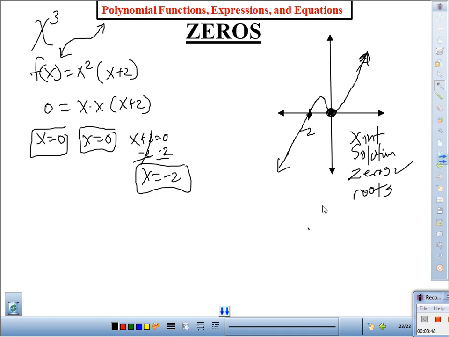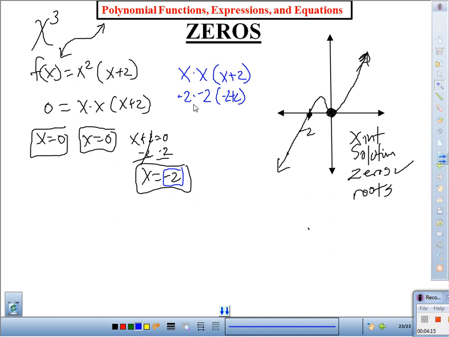Let's find out. Because if I was to substitute any of these three numbers in here, what does that give me? 0. Yes, that is correct. So watch, I'm going to write this. x times x times x plus 2. And instead of x, I'm going to use for right now negative 2. Negative 2 times negative 2 times negative 2 plus 2.